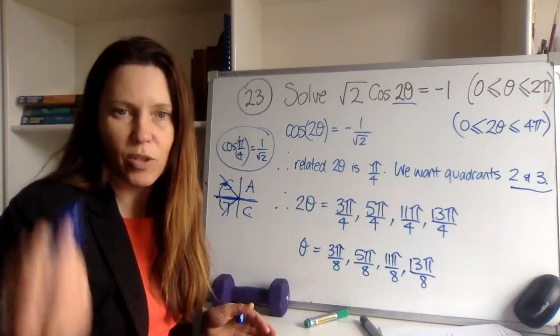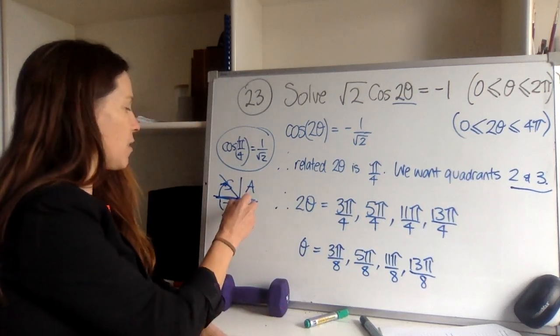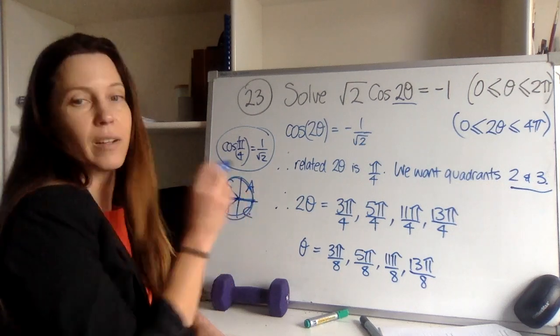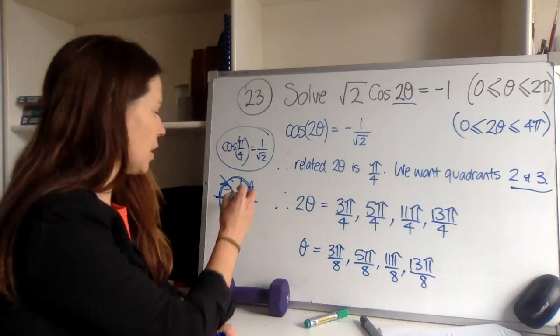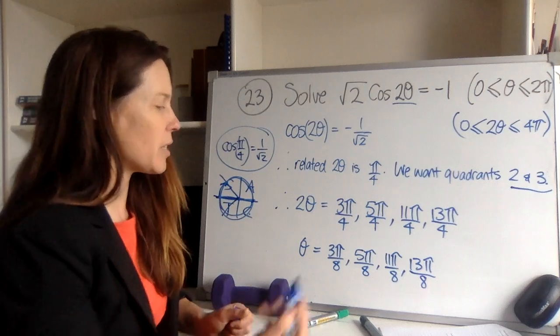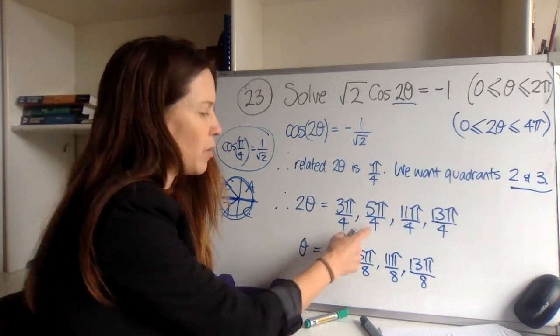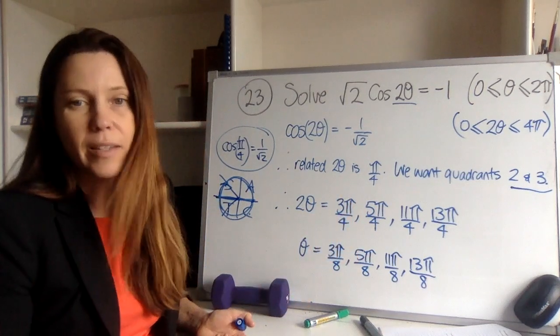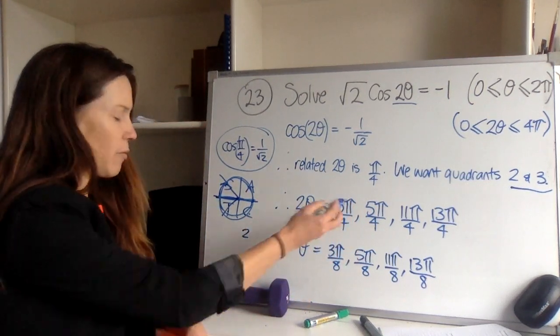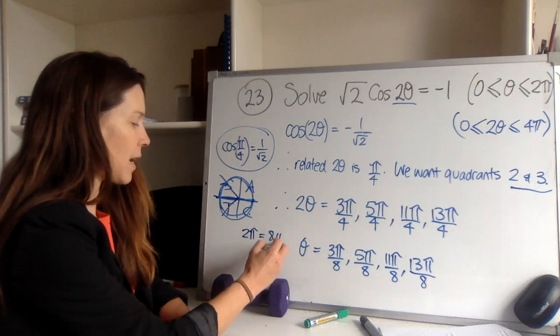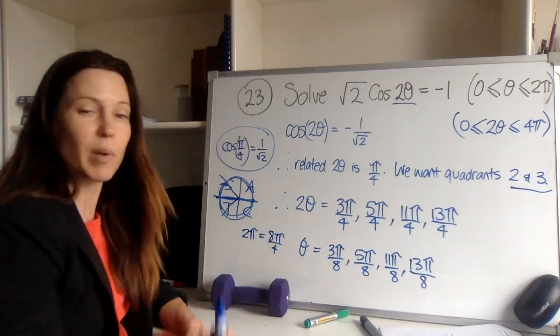Now to go around and do the second lap, because we need to find not just in the first 2 theta, but all the way around 4 pi. So in the second lap, you're really just adding 360 degrees or 2 pi to both of your solutions. And the easiest way to do that is to remember that if we're dealing in quarters, 2 pi in quarters is 8/4 of a pi.